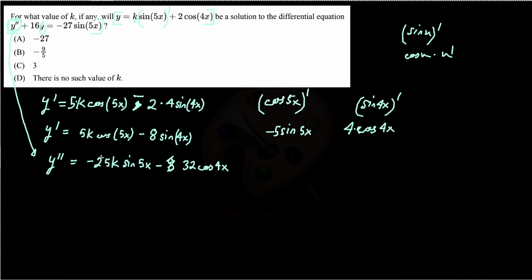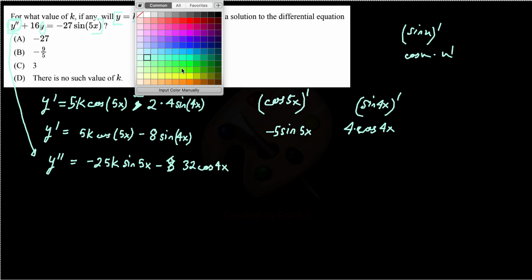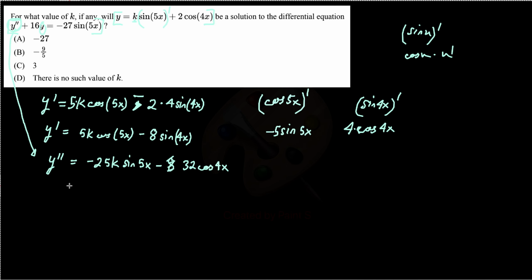Now what do I need to do here? I substitute into the differential equation. The differential equation is y double prime plus 16y should equal negative 27 sine 5x. So what do I have here?